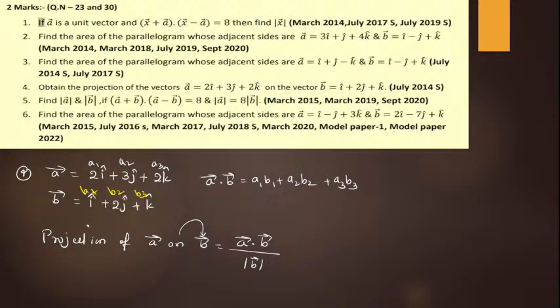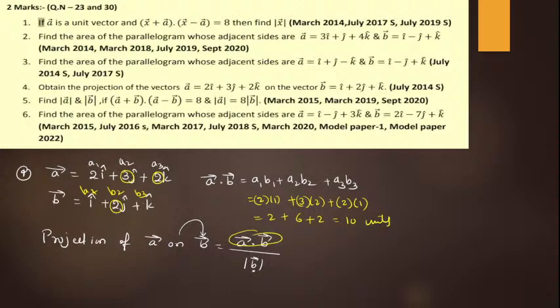By comparing, you will get A1 is 2, B1 is 1, so 2 into 1, plus A2 is 3 and B2 is 2, so 3 into 2, plus A3 is 2 and B3, the k component, is 1, so 2 into 1. So you will get 2 plus 6 plus 2, finally it is 10 units. That will be your A dot B.